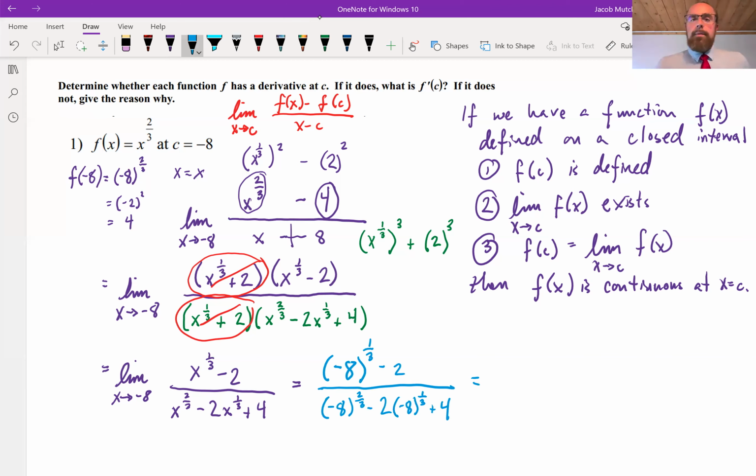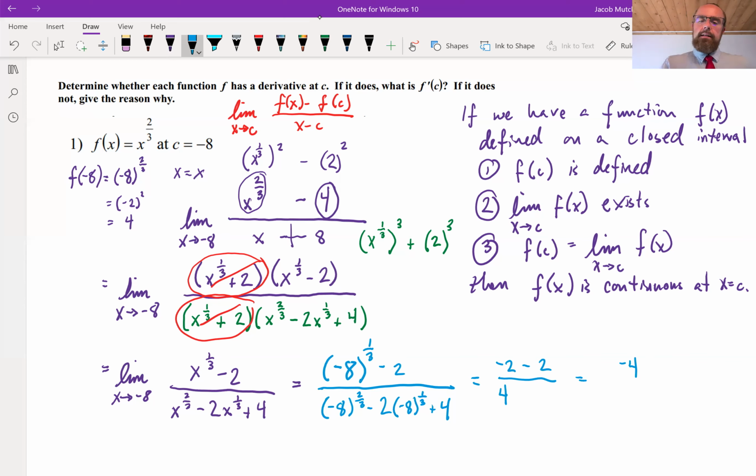Recall the power of 1/3 is equivalent to the cube root. So the cube root of negative 8 is negative 2, minus 2. For my numerator, that's negative 4. And then in the denominator, negative 8 to the power of 2/3, take the cube root first. The cube root of negative 8 is negative 2, and then square that, that's positive 4. And then in that second term, negative 2 times negative 8 to the power of 1/3.